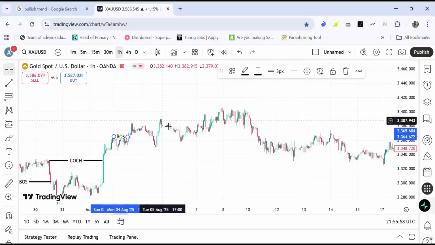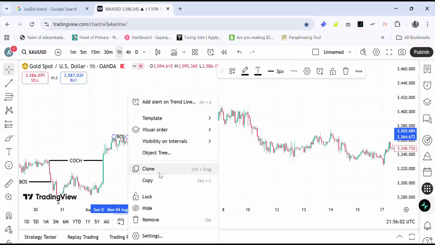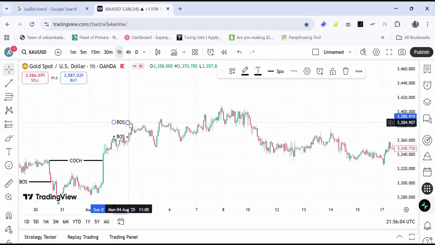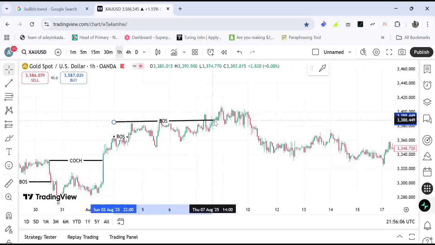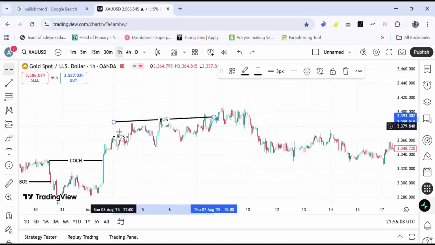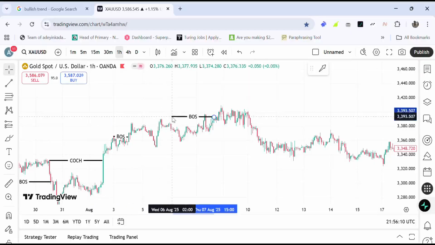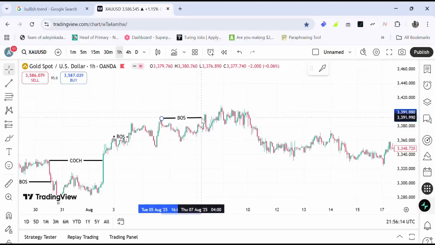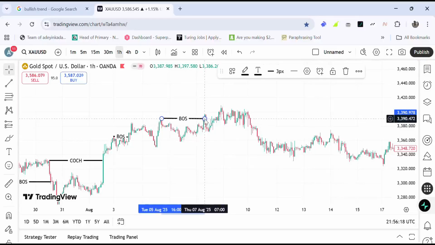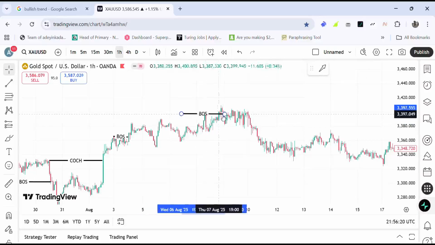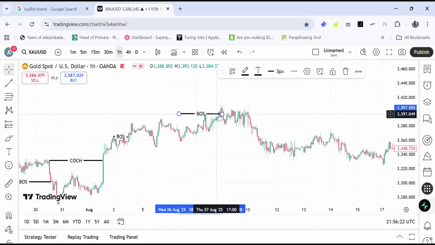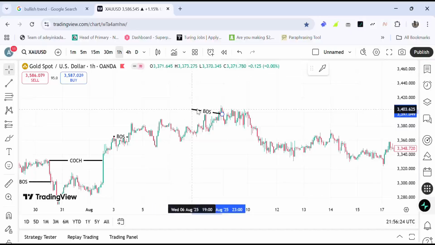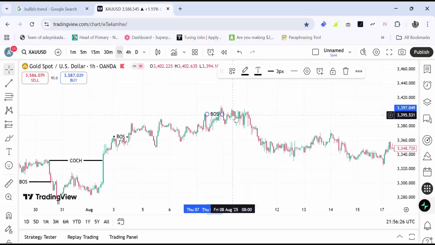As well, we can use another break of structure to the upside though. So don't let us just overlook it. Here's a break of structure to the upside. At the same time, the most recent one is here, which is the break of structure to the upside, right?